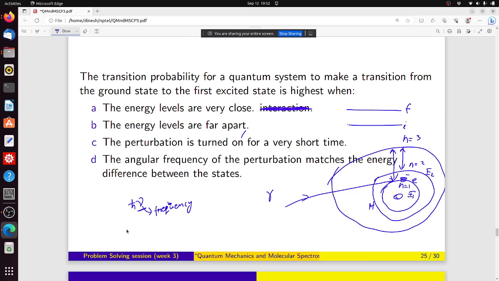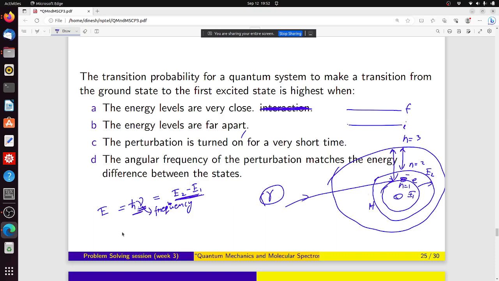Let's say I am giving some energy, h cross omega, which is equal to E2 minus E1. I am providing a photon with a frequency for which I am matching this energy difference. Then this electron will absorb this photon and make a transition to the second orbital, right?